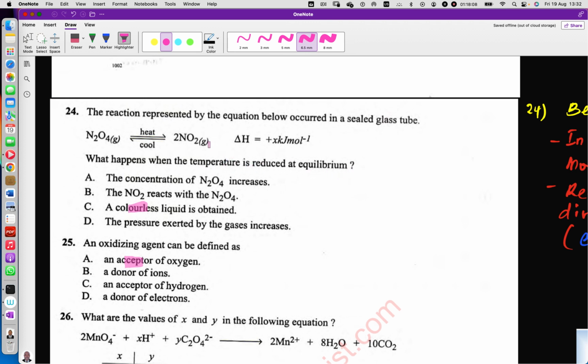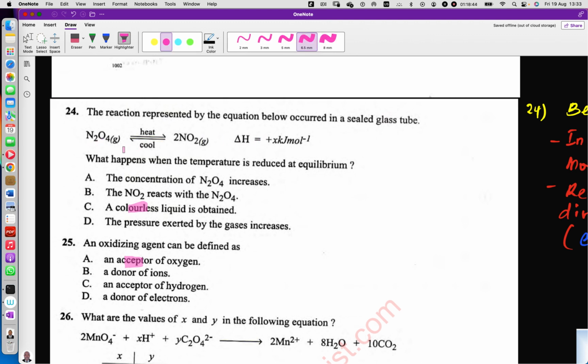Remember, according to Le Chatelier's principle, increasing the temperature, since it is an endothermic reaction, will favor the forward reaction.